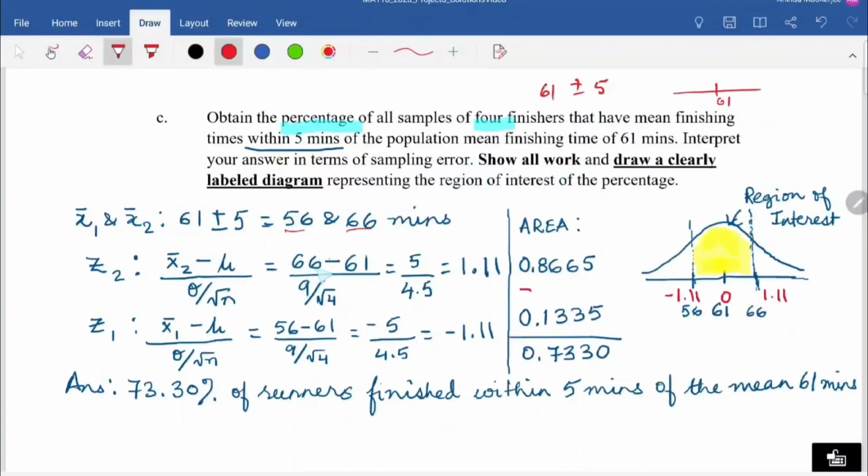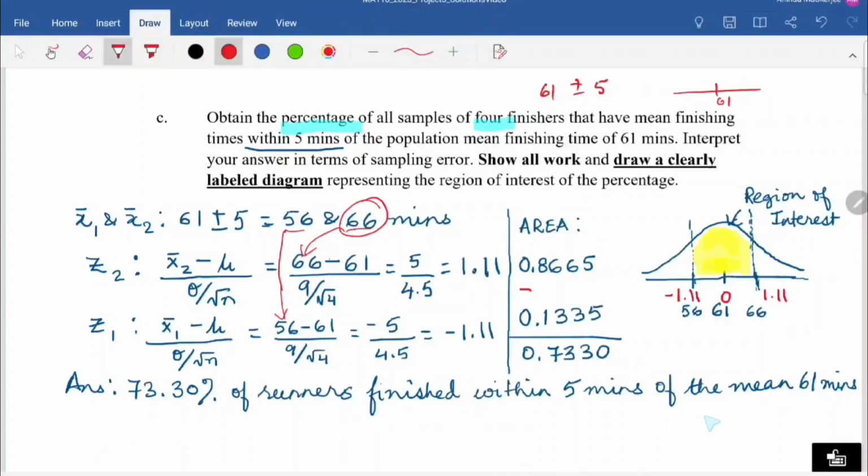So 66 minus the population mean of 61, divided by 9 over square root of 4, should give us a z value of 1.11, and the z sub 1 value corresponding to 56 should give us negative 1.11. Find your area from the table, subtract it, and we get a value of 0.7330.